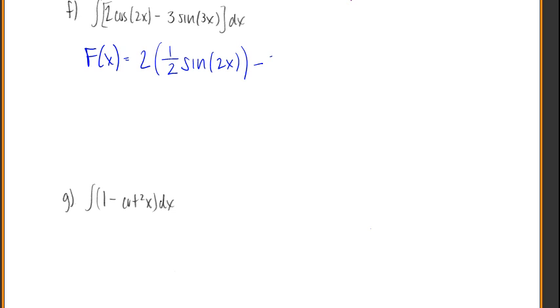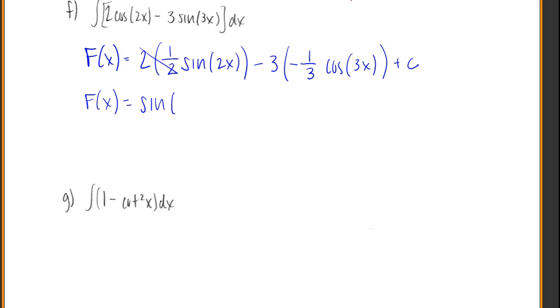Okay, let's pull off the 3, and the integral of sine is a -1 over the number attached, which is 3, and then cosine of that same angle, and then plus c. So in our indefinite integral, 2 times 1/2 goes away, so it'll be sine of 2x, and 3 and -1/3, so it'll be plus cosine of 3x plus c. There's our answer right there.